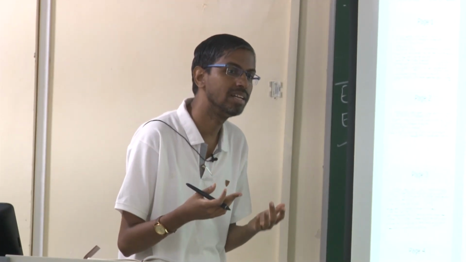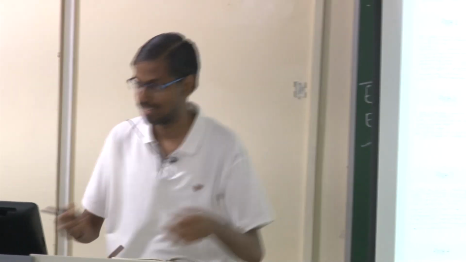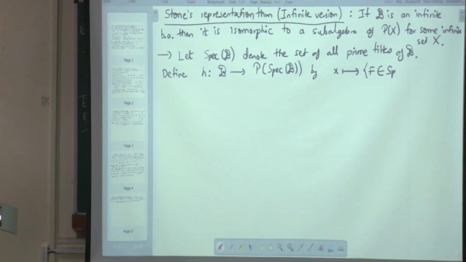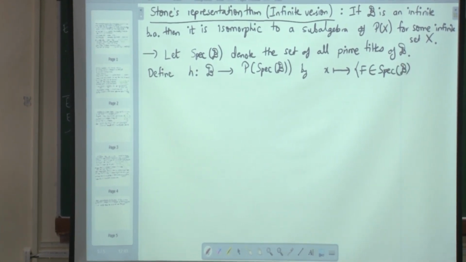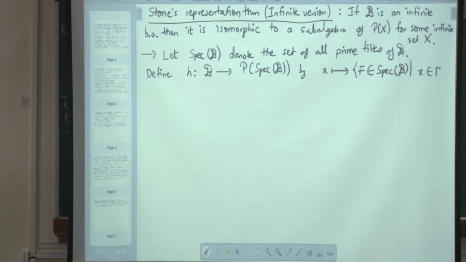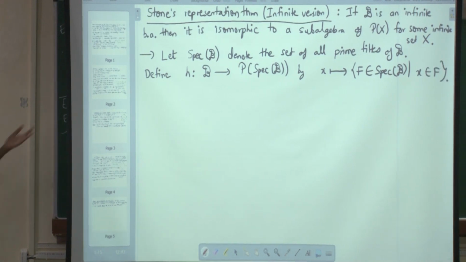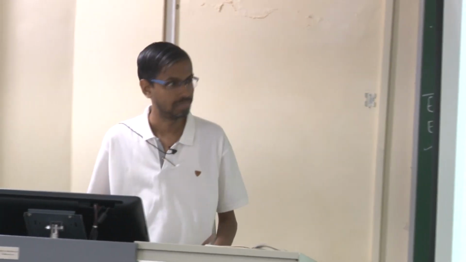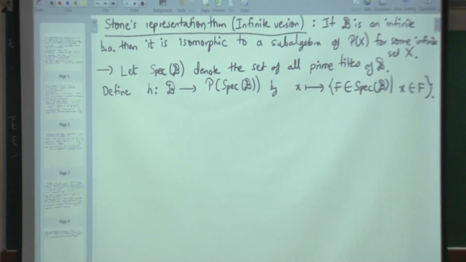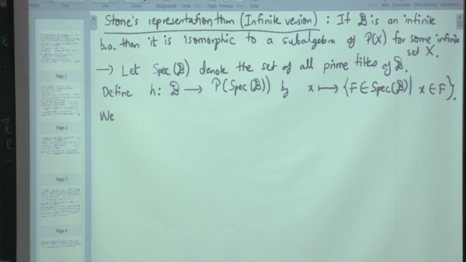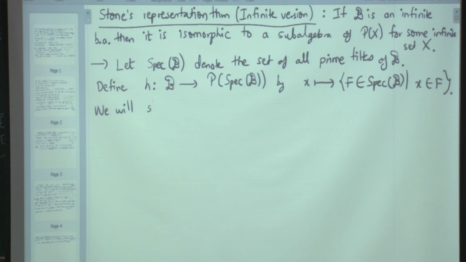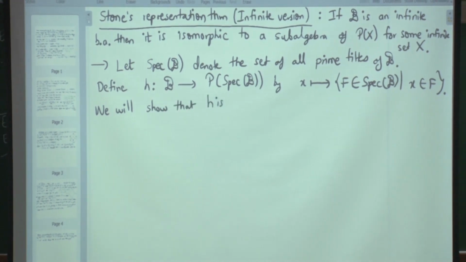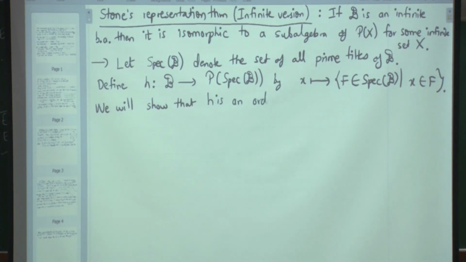Which prime filter should I send it to? Yes, very good. All those F's in spec B such that they contain X. There is only one natural choice, or you could have chosen X not in, but they are equivalent. We will show H is an order embedding.